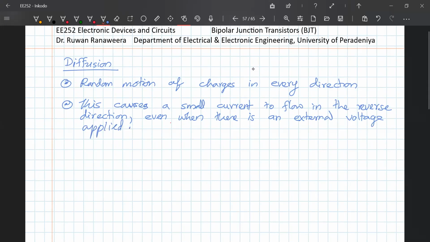And this is the cause of IS. This is how the reverse saturation current IS is generated. This IS is a constant.